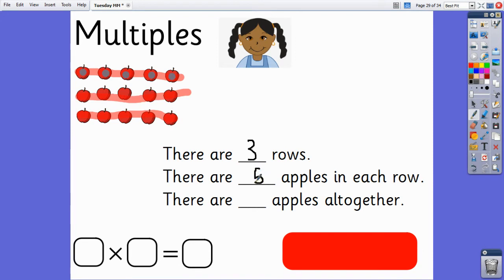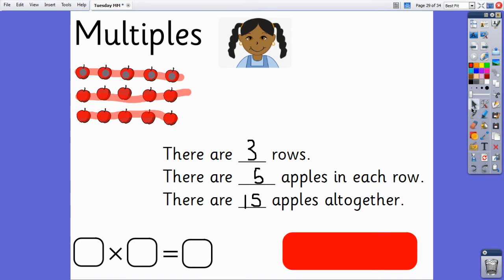How many apples are there all together? Remember, we don't need to count them out individually. We know that there are 5 in each row, therefore we can count in fives. 5, 10, 15. There are 15 apples all together.